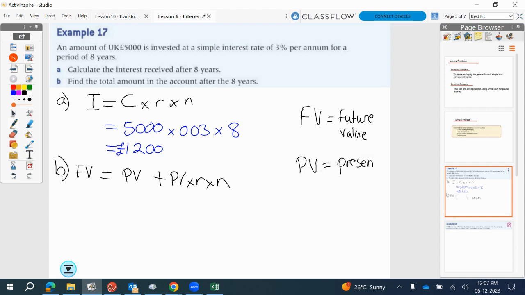Present value. So we calculate that as being present value plus interest, which gives us 5,000 plus 1,200 is equal to 6,200.